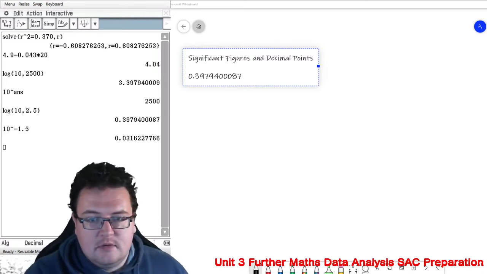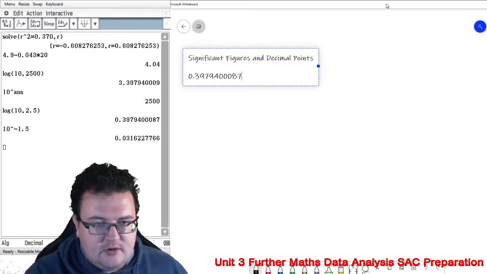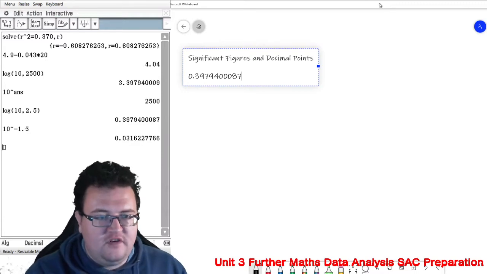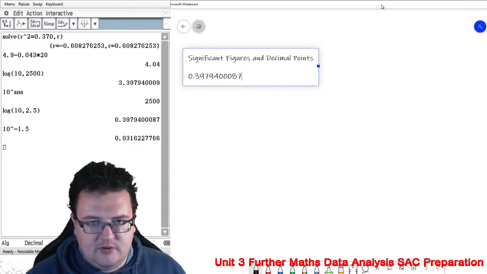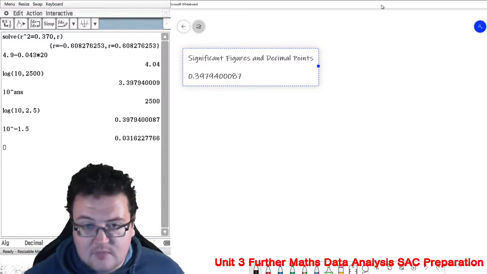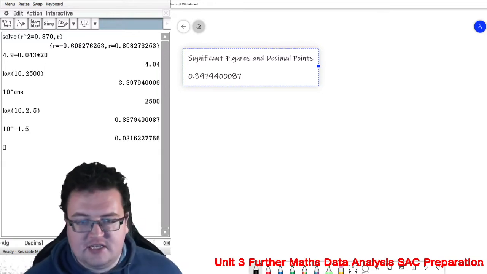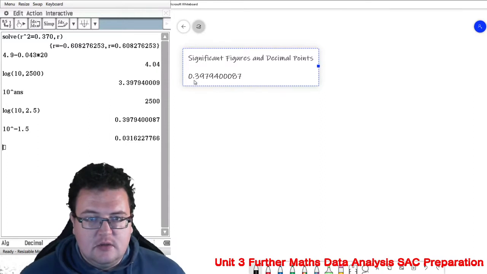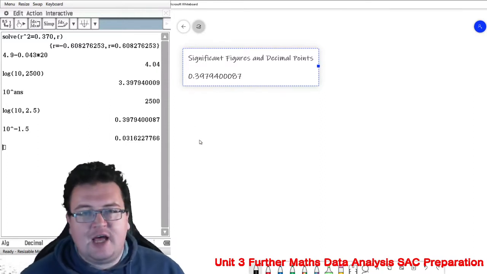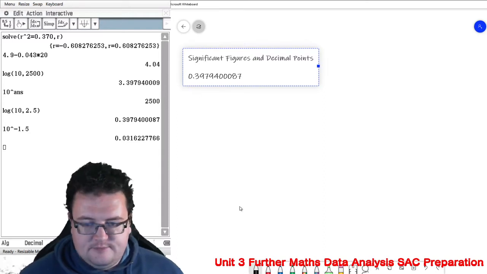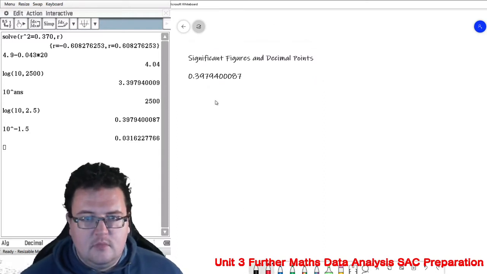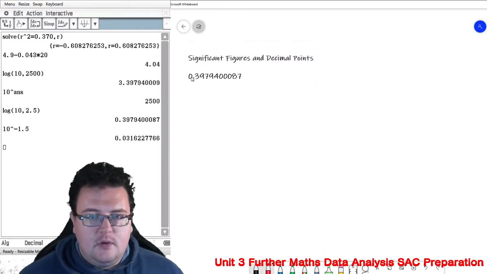All right. The question in the textbook for this question was, find it to 1 decimal place. That means it only wants 1 number after the decimal point. So 1 decimal point.